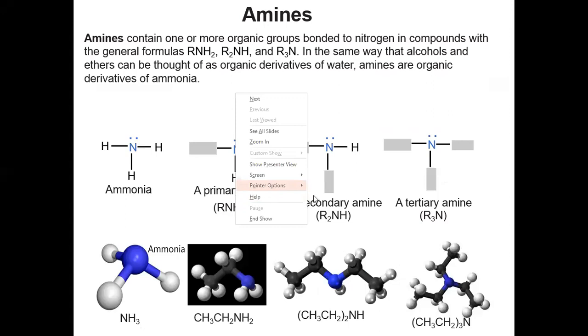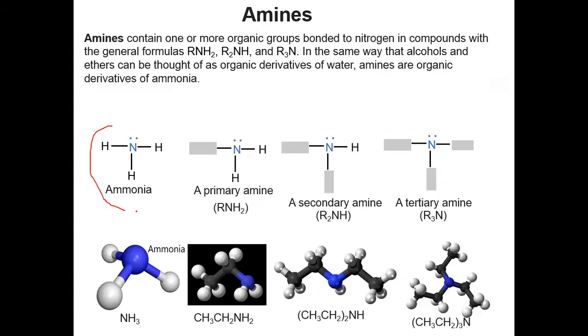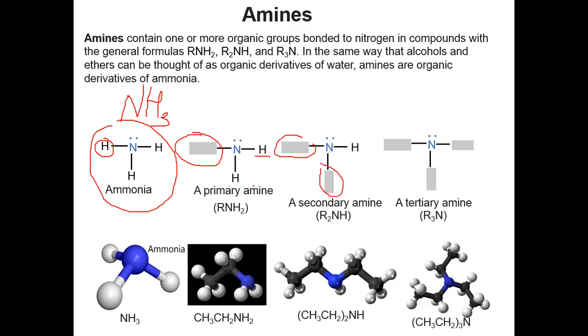I'll explain what an amine looks like. You should think about ammonia. You remember we studied ammonia, NH3. These amines very much resemble ammonia, but the only difference is that instead of one hydrogen, there is some kind of organic group. There might be an organic group instead of another hydrogen too, so two organic groups, or even the third hydrogen, three organic groups.